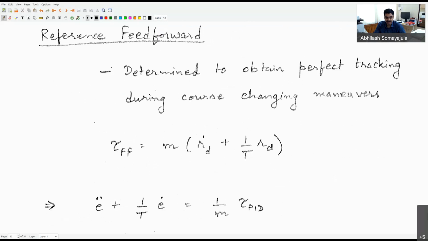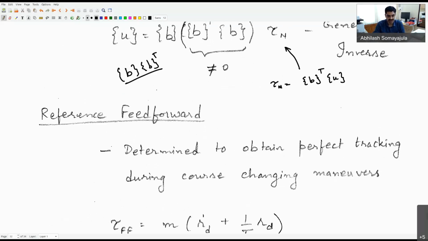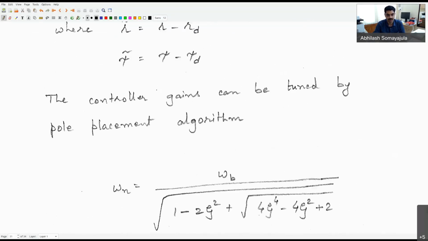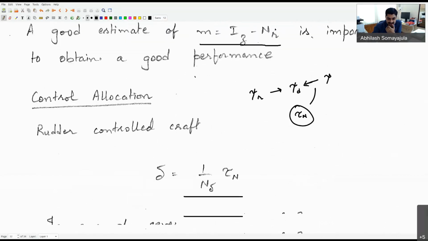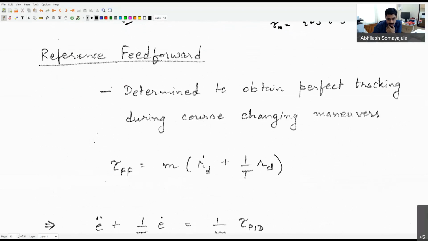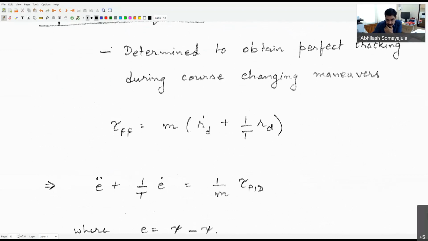All right. Let's now talk about that so-called feed-forward term, which I did not speak about. Remember, back in this control law, there is a feed-forward term which I have introduced, and I told you we would talk about what it means. What the feed-forward term does is allow me to obtain perfect tracking during course-changing maneuvers.